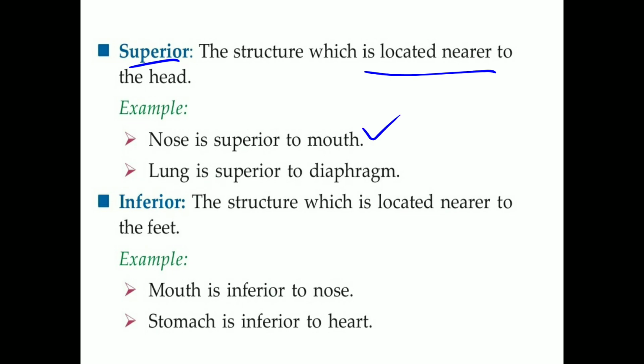Example, nose is superior to mouth. It's a very simple example. Lung is superior to the diaphragm. Then inferior, the structure is located nearer to the foot, away from the head. Example, mouth is inferior to nose, and stomach is inferior to heart.